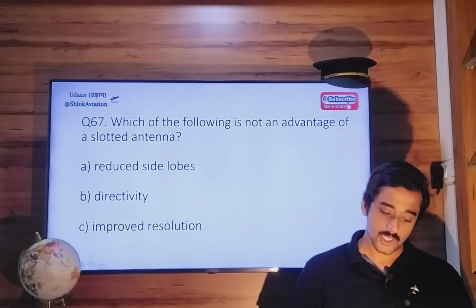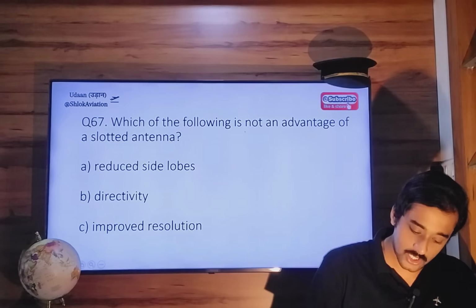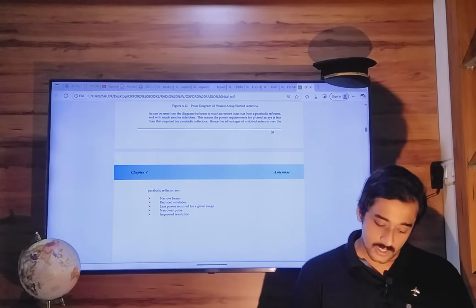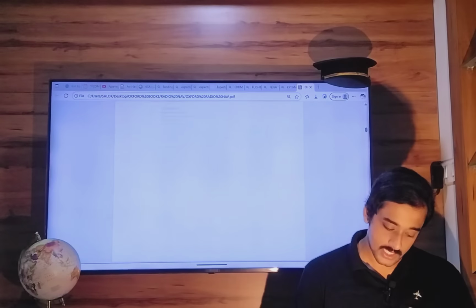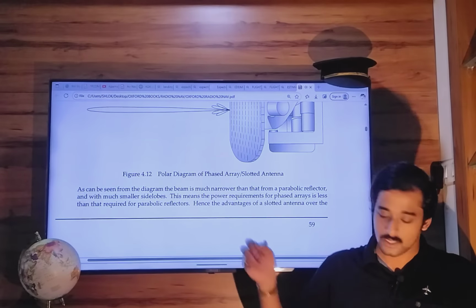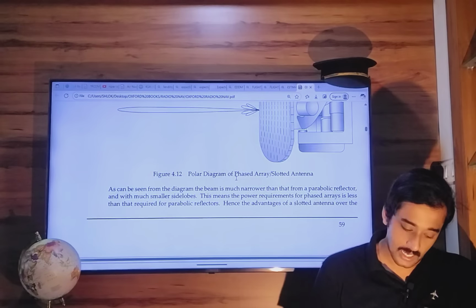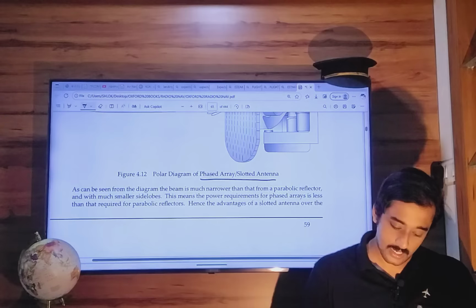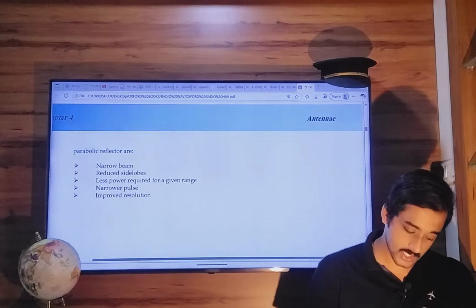Important. Next, which of the following isn't an advantage? Read the question carefully. Of a slotted antenna. If you open your Oxford Radio Navigation book, page number 60, you will have this page. Phased array antenna, which is also known as slotted antenna, and this particular antenna has following advantages.